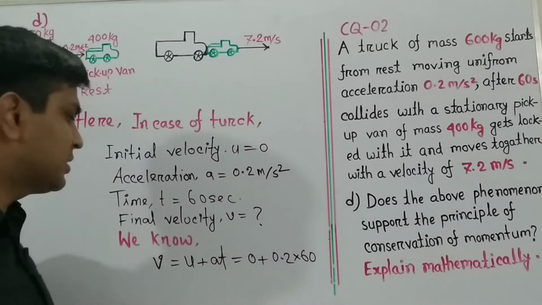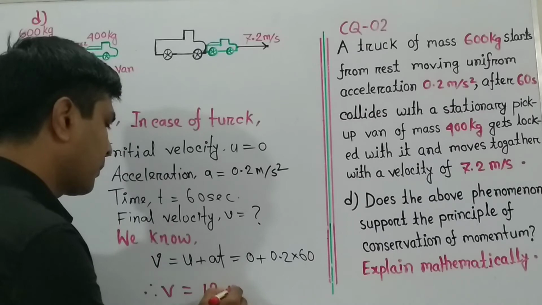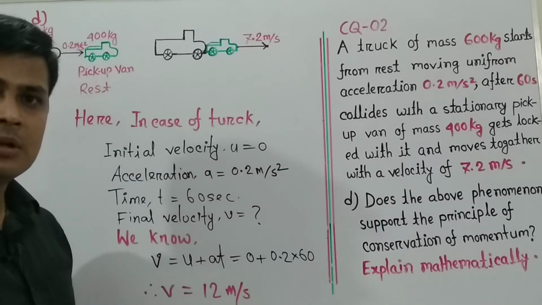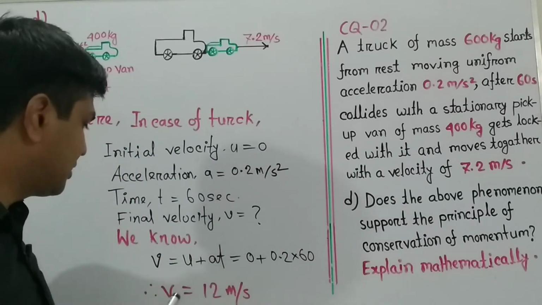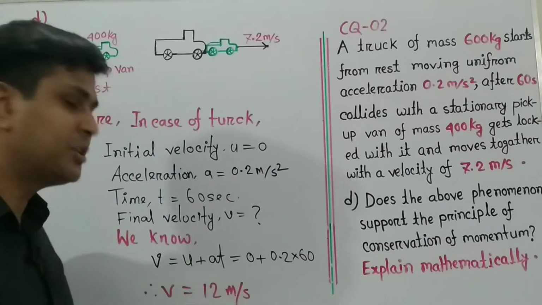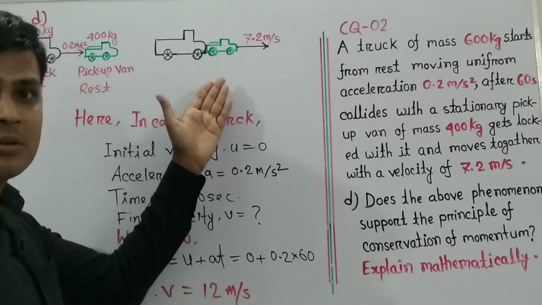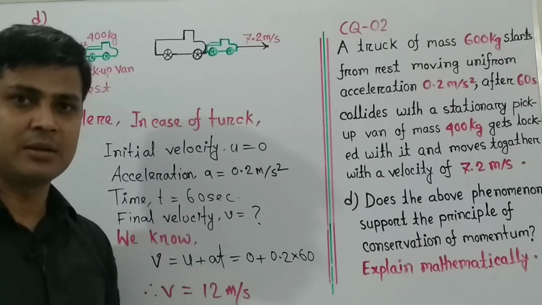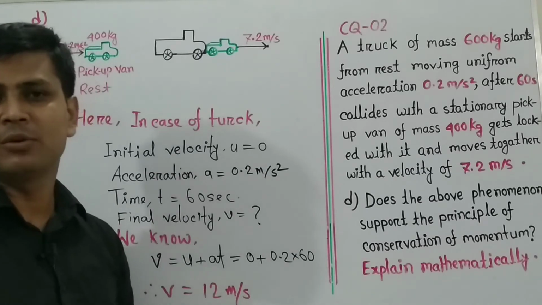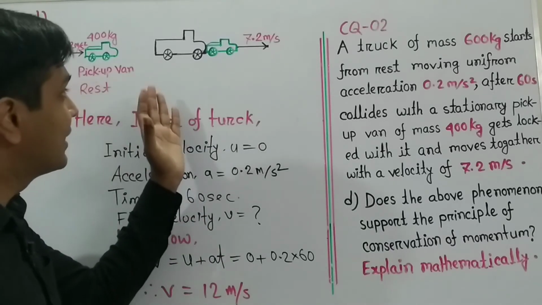Then we'll get 12 meter per second. That means when the truck collides with the pickup van, in that time the truck has the velocity of 12 meter per second, and after that the truck moved with combined velocity of 7.2 meter per second.